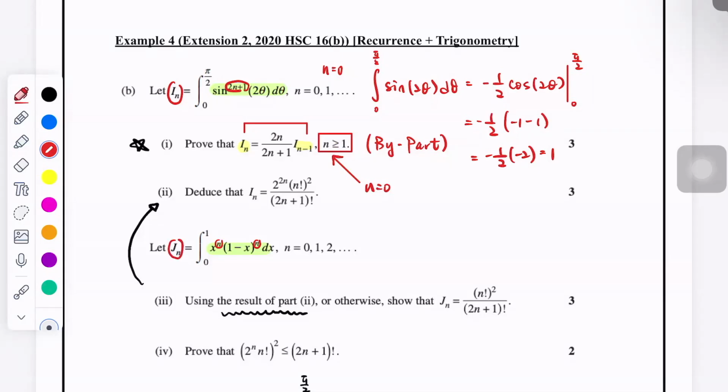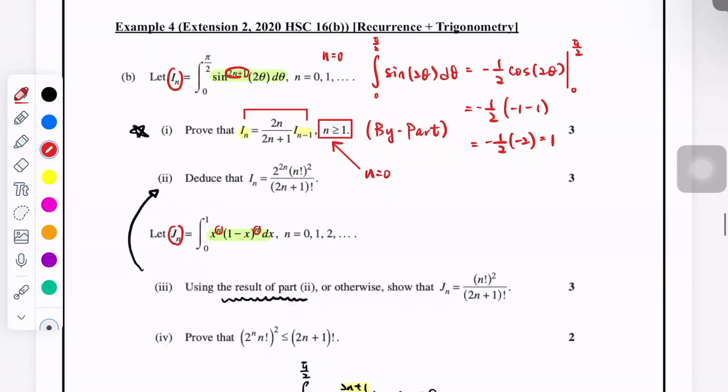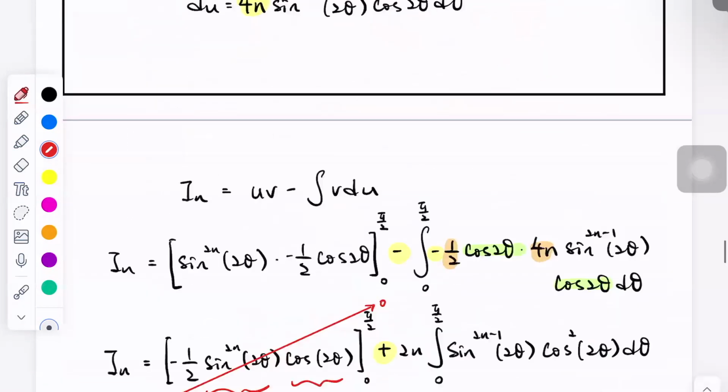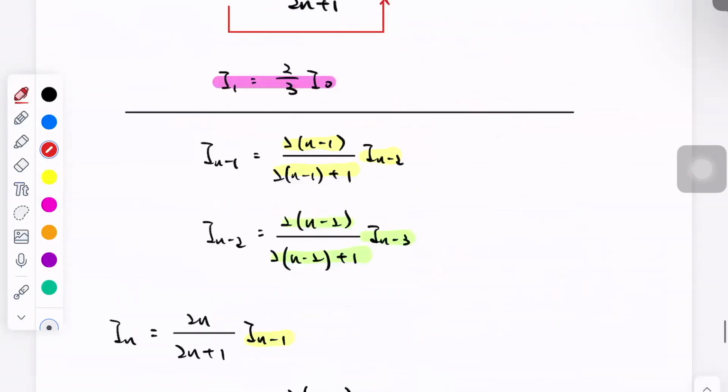That's why the first thing that we should do is link it back: does it correlate to In? And if I do some adjustment for you, then probably you will see the relation. The Jn is something like this.